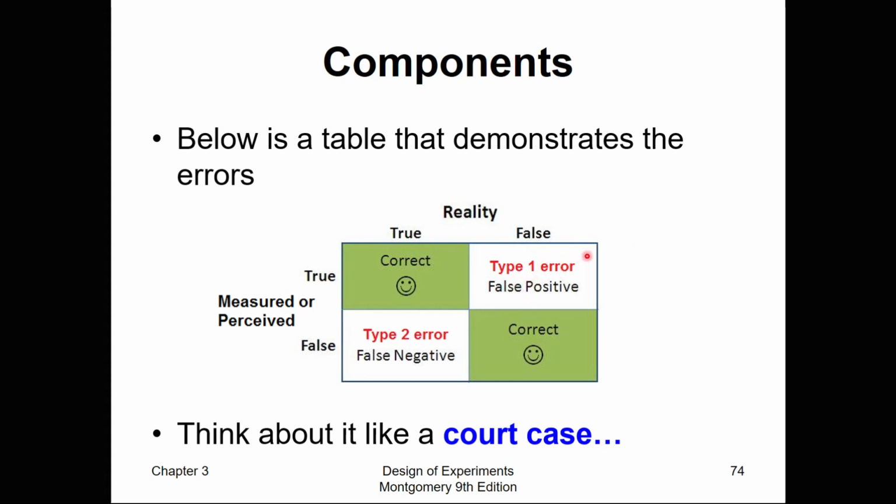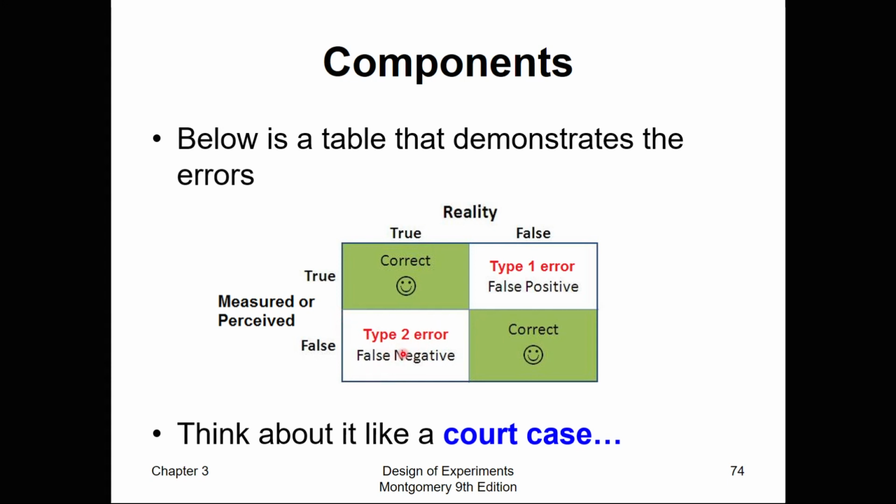So typically what we control in this analogy is the probability that we put an innocent person in prison. That's what our alpha level is. Then, given a fixed level of alpha, how many innocent people are you willing to put in prison, we try to reduce as much as possible the guilty people that we set free.